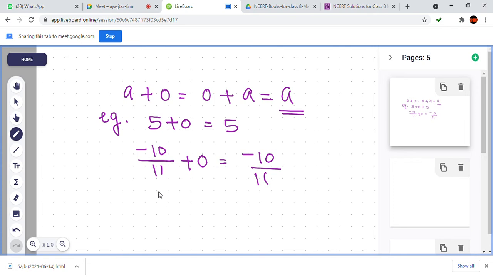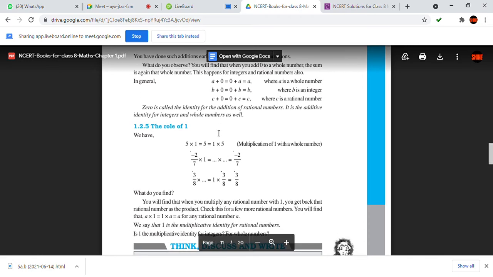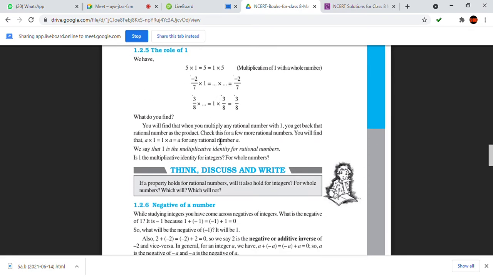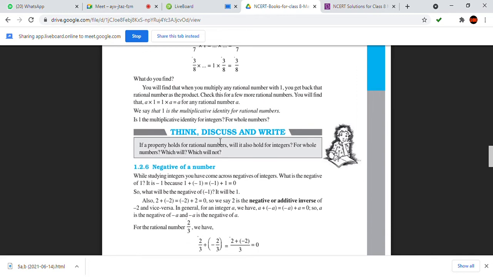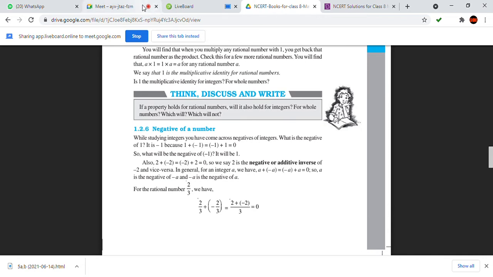Just below, you write multiplicative identity. Then below you write: 1 is called the multiplicative identity for rational numbers.